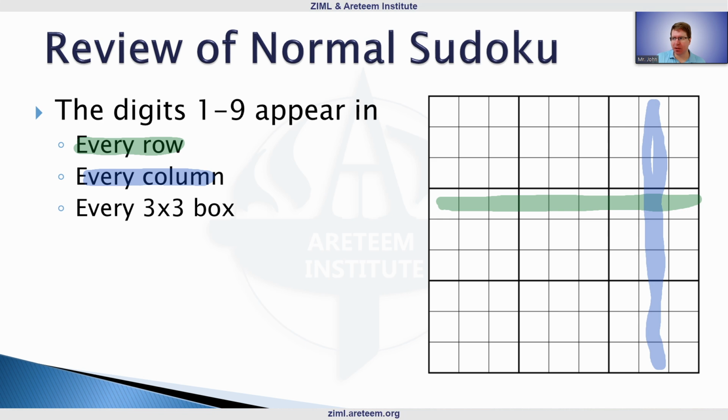And then every 3 by 3 box as well. If we look at a 3 by 3 box, for example, this 9th or 7th box down here, if you count in reading order, again, all of the digits 1 through 9 have to appear in those 9 cells. Even in normal Sudoku, there's a lot of interesting logical thinking that can go on, right?